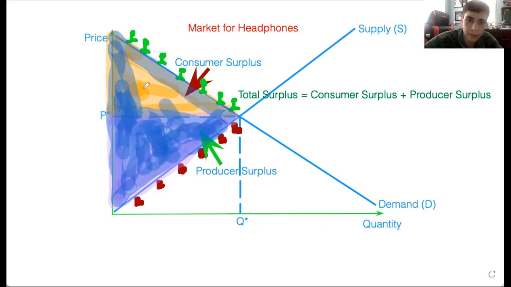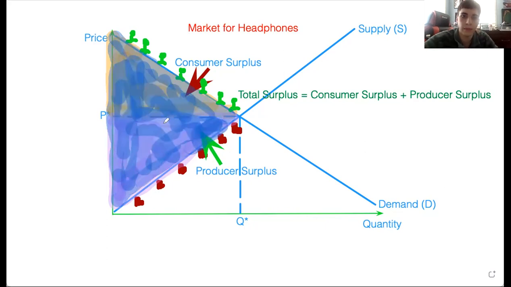All of that is total surplus. Okay? Total surplus is all of that. And I'll give you guys a nice arrow, let's make the color pink on this one, to point to it.